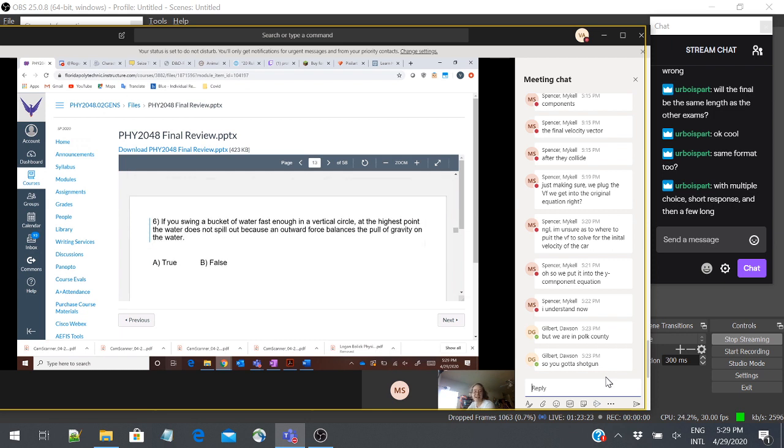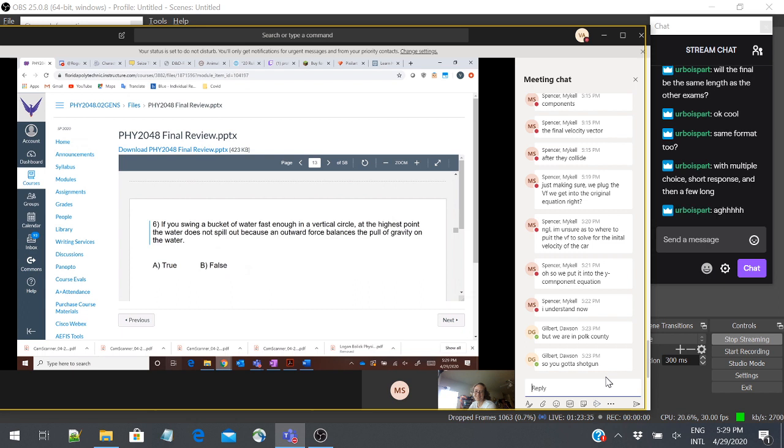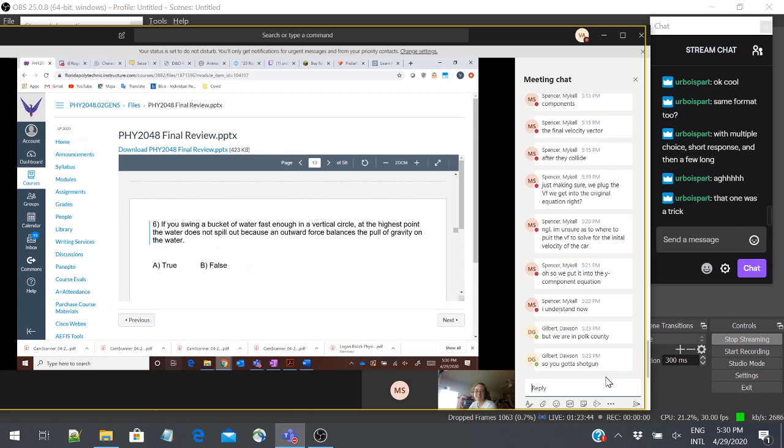Oh, this one that everybody got wrong on chapter 3. How would force balances pull gravity on the water? Everyone got it wrong, which means that that's my bad, that I am not explaining this correctly.